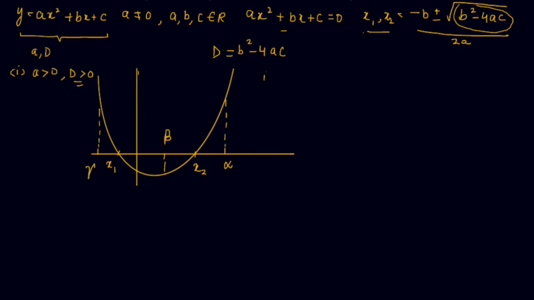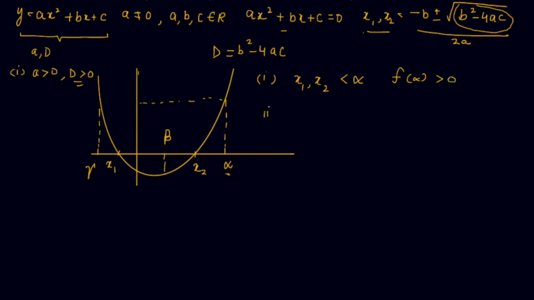The first case is when the roots x1 and x2 both are less than alpha. If both are less than alpha as shown in the graph, the value of this function at alpha will be greater than 0.